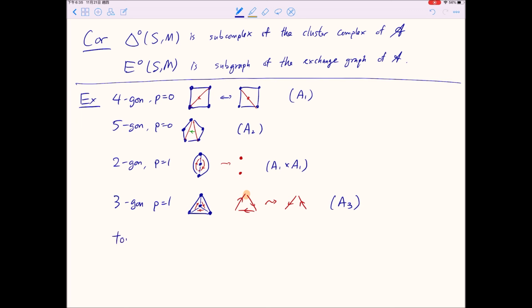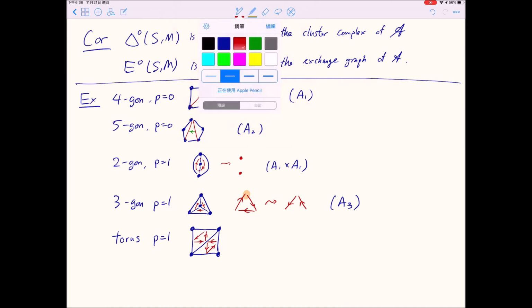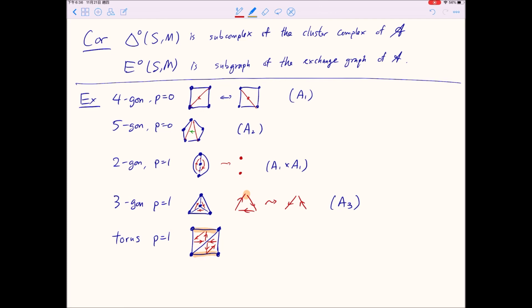Now a torus with p equals 1. Let's just draw a torus. This is the special case that I mentioned, but we can still assign a quiver and still talk about the cluster type. It will be of this form. If we draw the quiver like this, remember that the sides are identified.